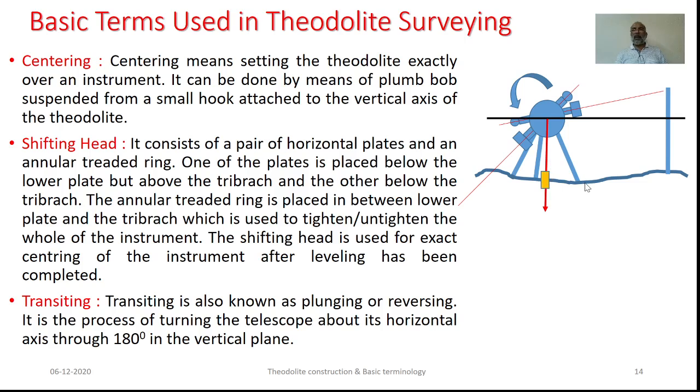In addition, the theodolite is provided with a specific arrangement called the shifting head arrangement. For the telescope, as we consider the upper plate, on that plate there is one small circular plate which is attached with the spindle, which can be moved through a margin of 1 centimeter.